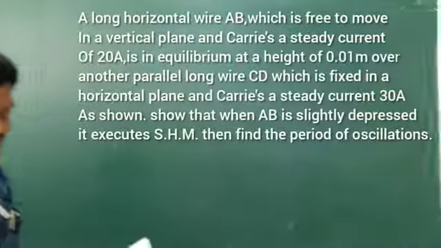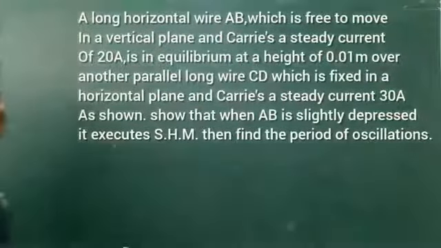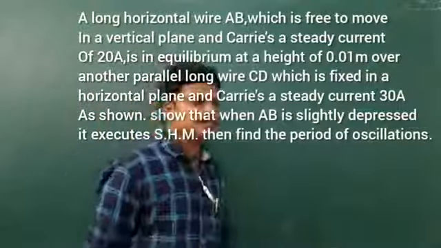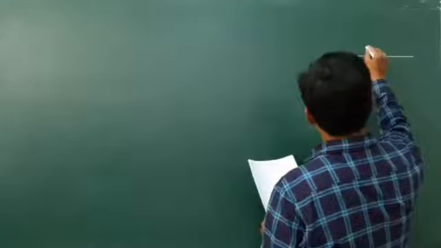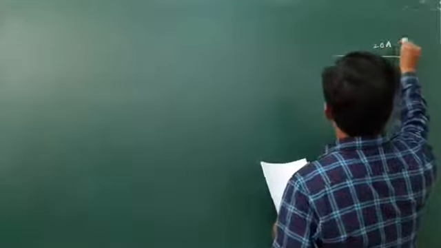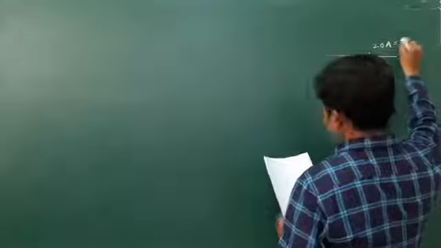So this is easy level only, not much tough. See the diagram first. Here they have given two wires. One wire carries current 20 ampere. Let us suppose I1 current, that's better.